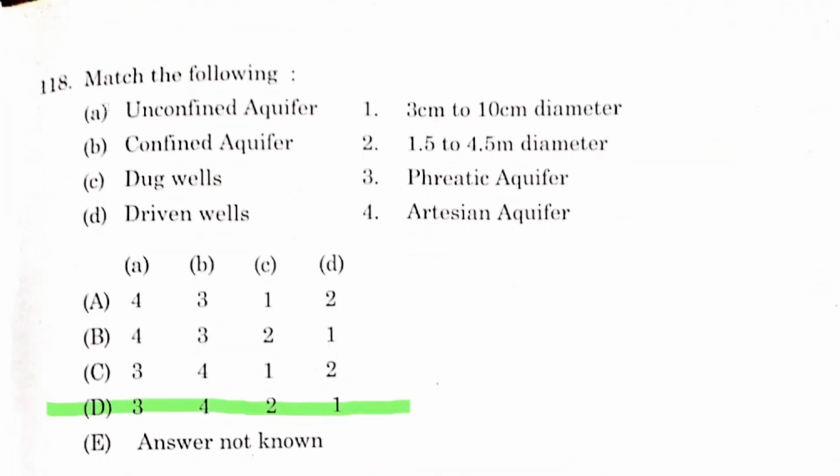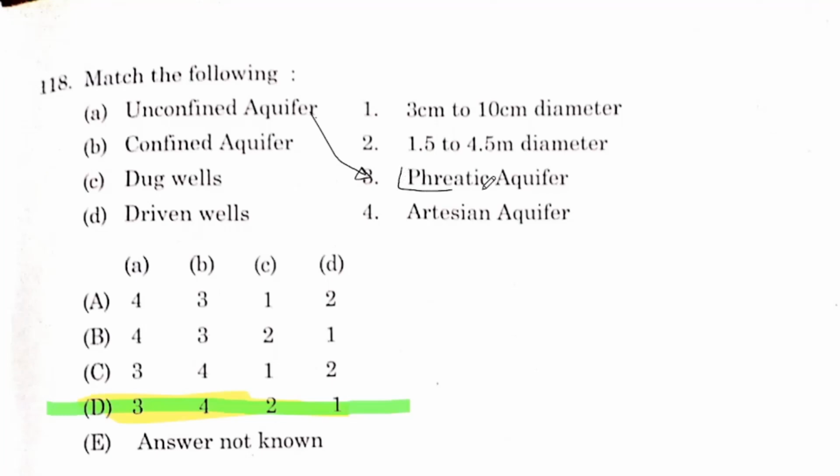Next is question number 118. Match the following. The match for this problem is option number D. Unconfined aquifer belongs to phreatic aquifer.